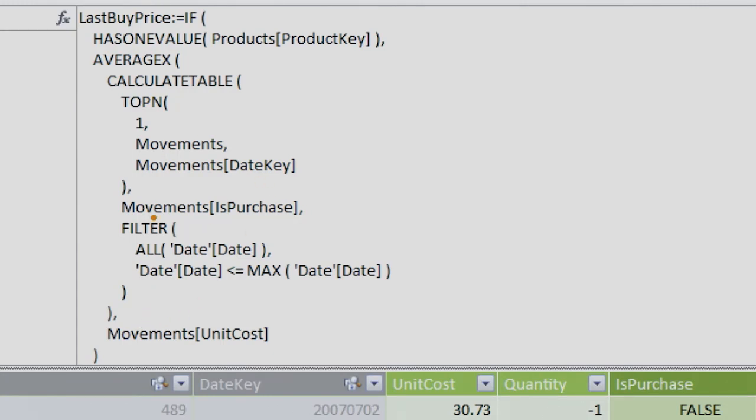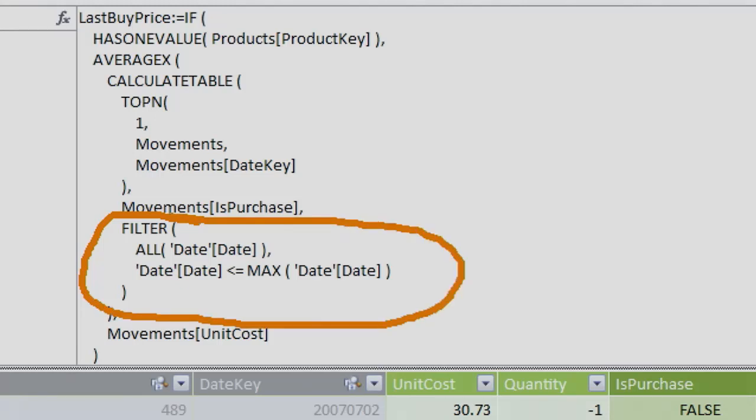I want to evaluate all the transactions that I made before the date that I'm considering. And so I apply this filter. I want to consider only the transactions that are purchases. I have a flag, it's purchase. Now you may have the quantity. Quantity positive is a purchase, quantity negative is a sale.